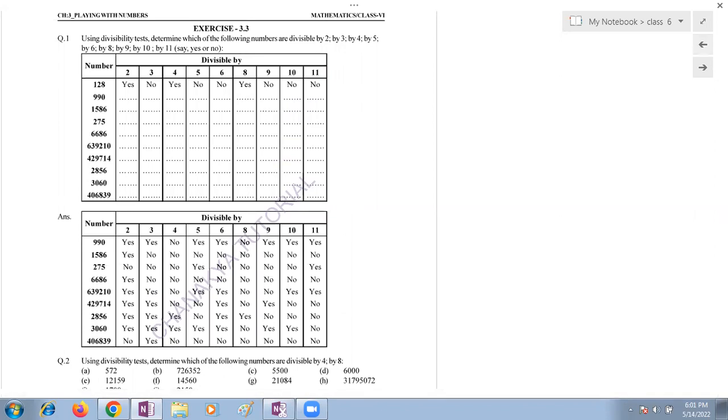I will post it, children, in our group. The soft copy of students also has answers for every question. You have these answers, but the soft copy is not with you, right? Ma'am, actually it is in the book.